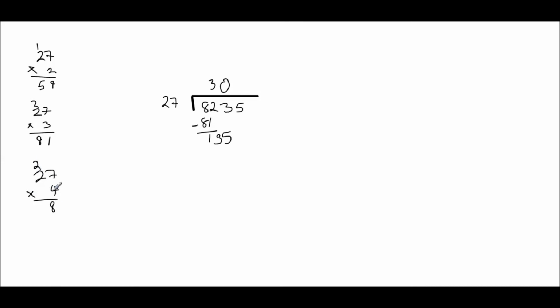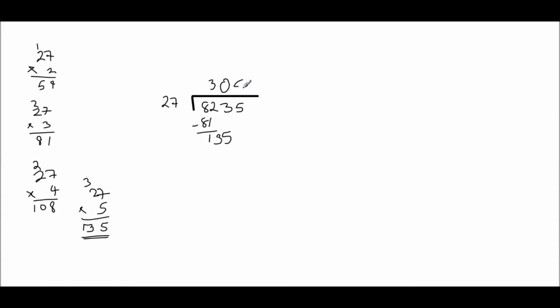Carry 2. 4 2s, 8 and 2, 10. Okay, let's try 5. So 27 by 5. 7 5s are 35. Carry 3. 5 2s, 10. And 3, 13. So this goes into it exactly.